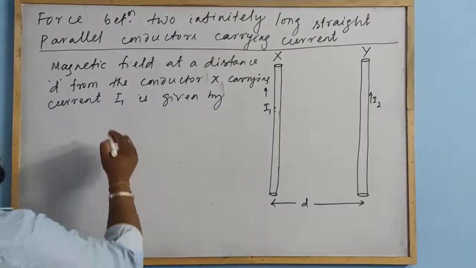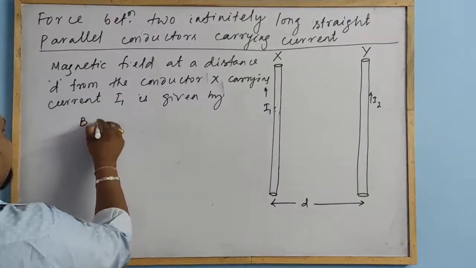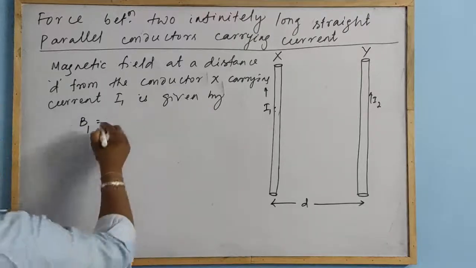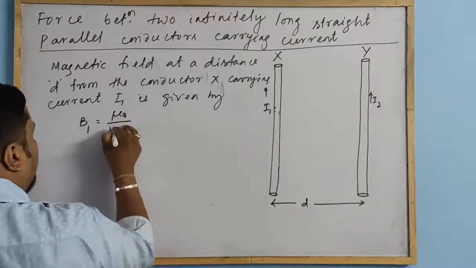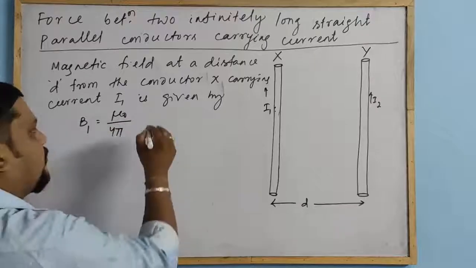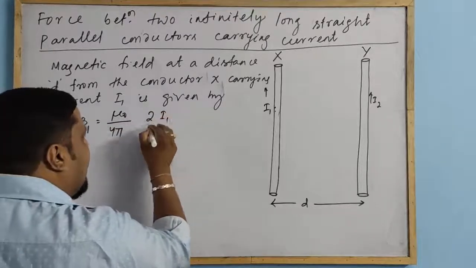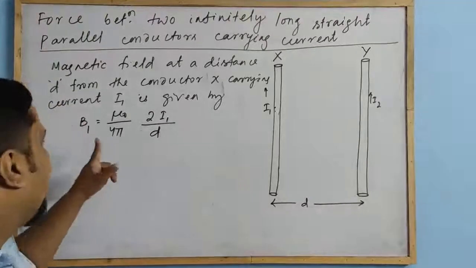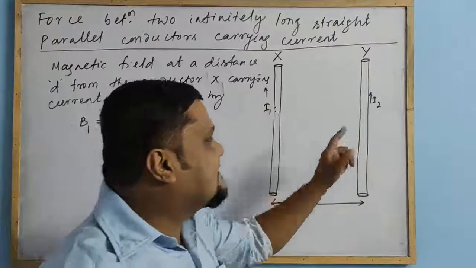So let B1 be the field for the first conductor. B1 is equal to mu naught by 4 pi into 2 I1 by D. This is the magnitude of the magnetic field at a distance D.